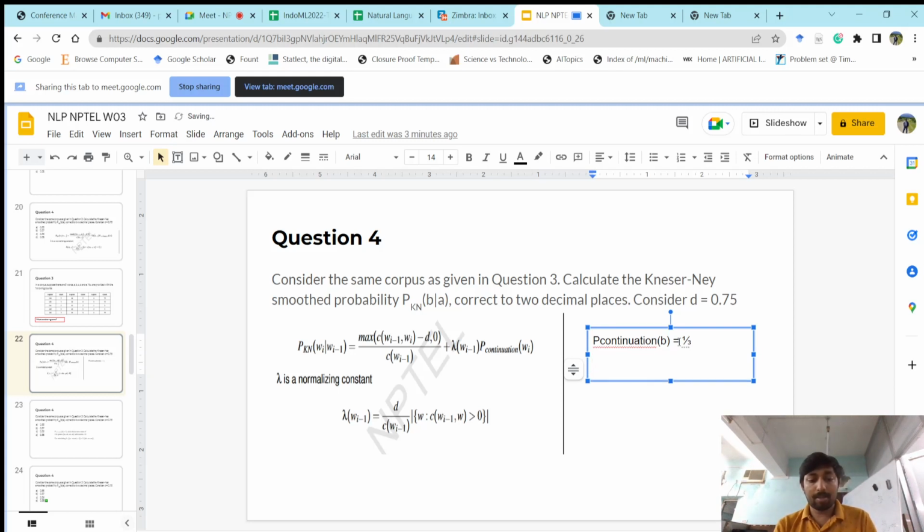Now let us calculate lambda. D minus 1, so 0.7.